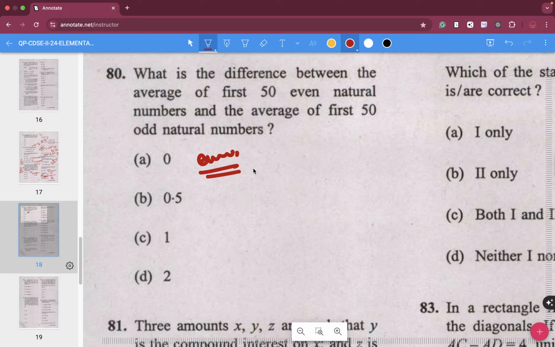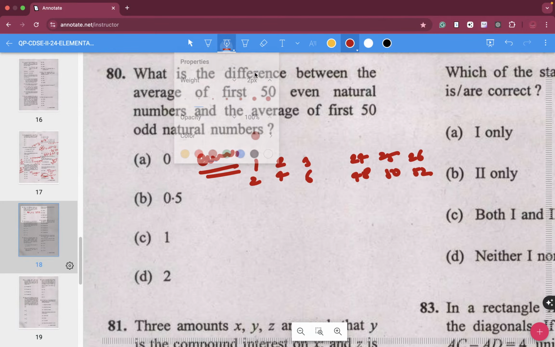So first even number is 2, second even number is 4, third even number is 6. Similarly, 24th even number will be 48, 25th will be 50, and 26th will be 52. Now for the average, we have to worry about these two middle numbers.